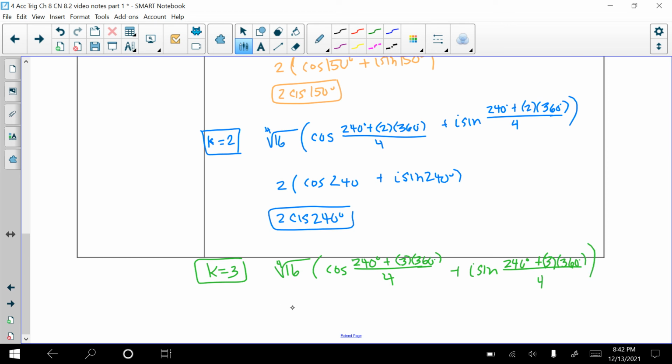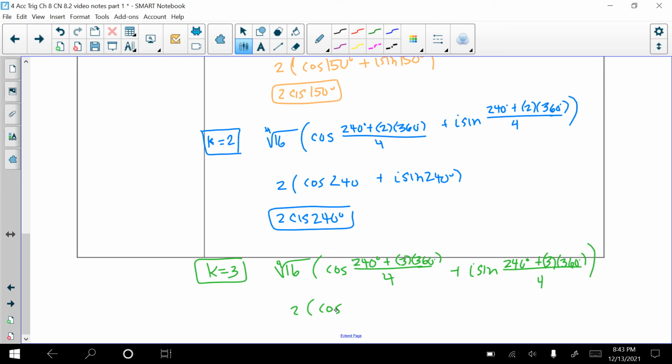Fourth root, that's still 2 times in parentheses cosine of, little calculator help, 240 plus 3 times 360. That's 1,104 degrees. Whoops, I think I just didn't type a number in. Let me try that again. 240 plus 3 times 360. That's 1,320 degrees.